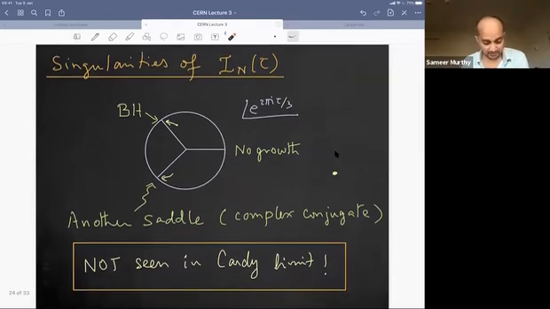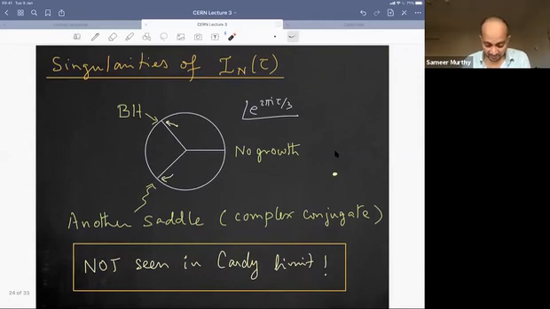It's like a complex conjugate saddle. You would have never seen this in the Cardy limit. I want to emphasize that because there's been some confusion in the literature. The Cardy limit focuses on one point. You can also focus on this. It looks very similar technically, but it's a different saddle point. Maybe a better word instead of complex, I mean, it is complex, but in physics, maybe we should call this parity conjugate.